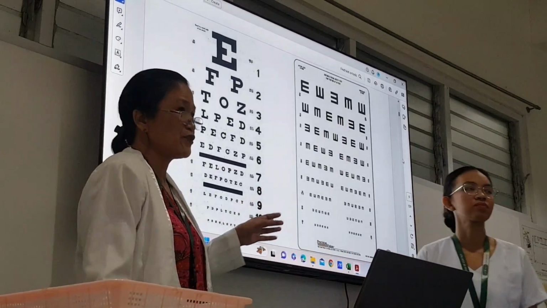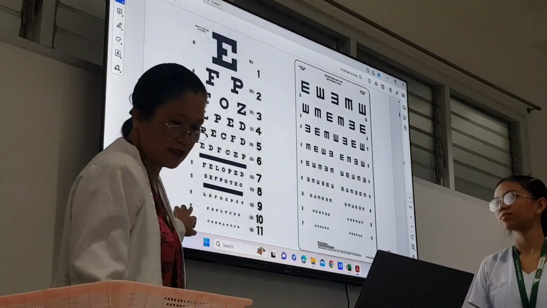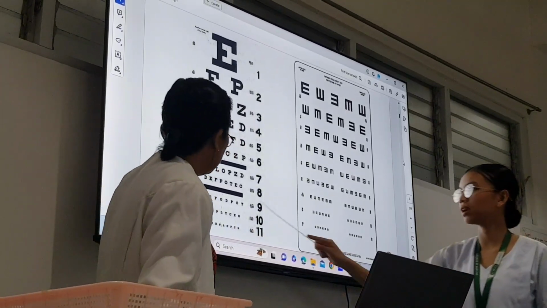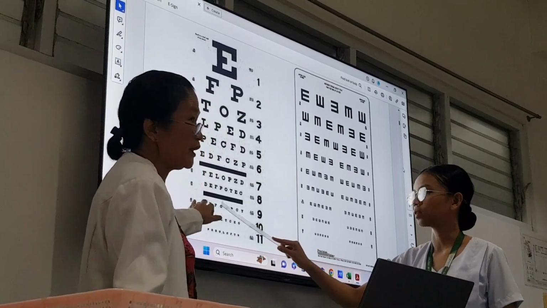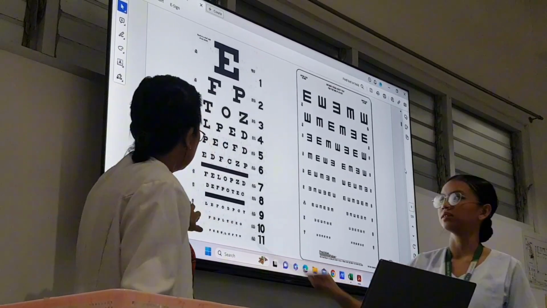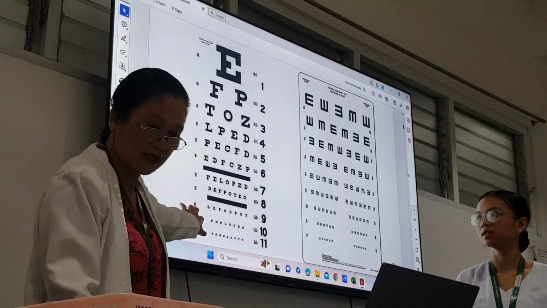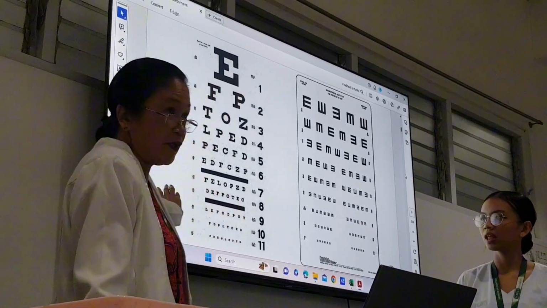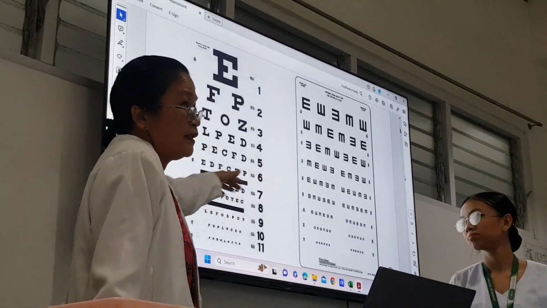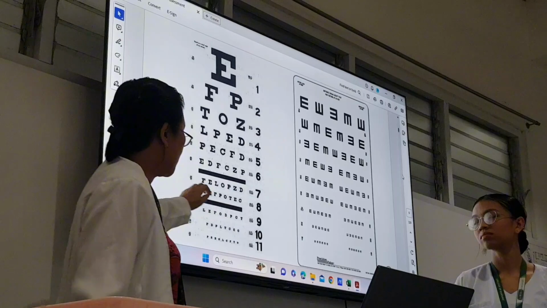Okay, that's enough. So means, dito ka sa number 10, number 9, pero hindi mo rin nabasa. This is already a 20/15. Still, hindi mo na nabasa until 20/20.